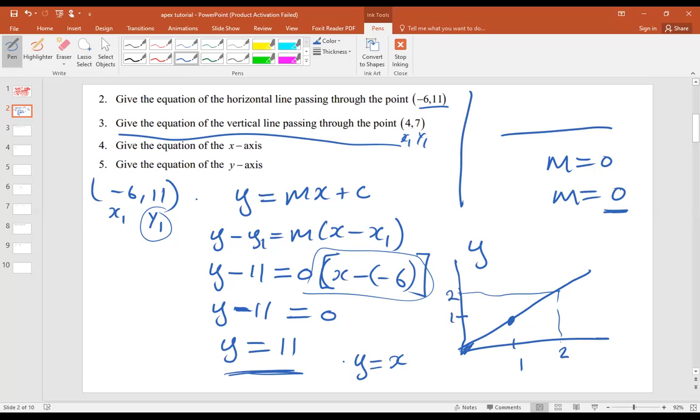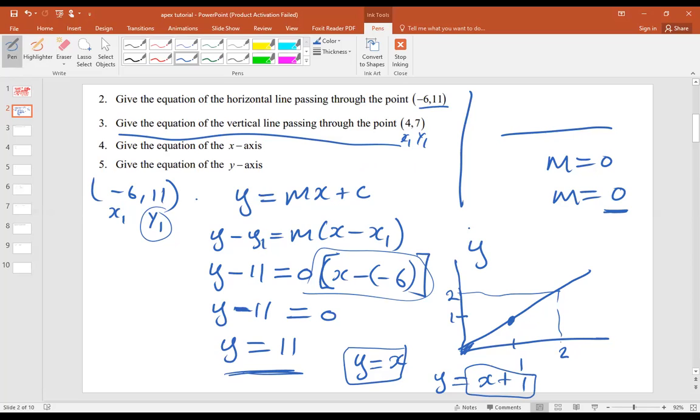So if you have the gradient which is equal to 1, you have a line which is going to come out like this. And if you have, let's say, y is equal to x plus 1, this line will just be shifted by 1 unit. But otherwise, what you should understand is that every horizontal line has the gradient which is equal to 0.